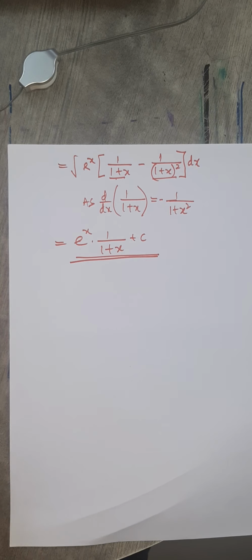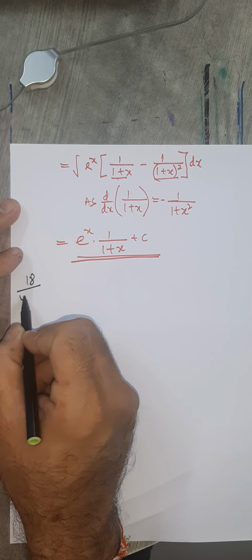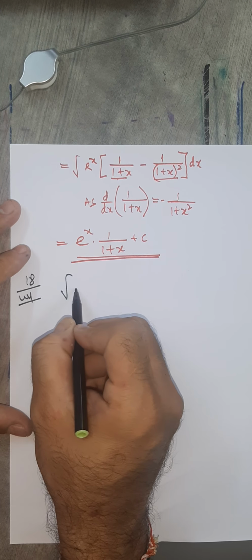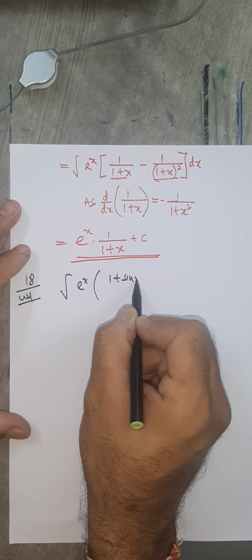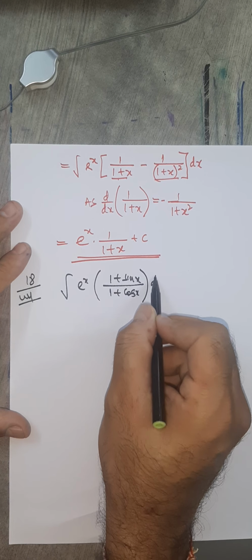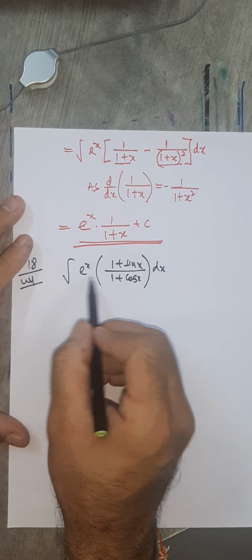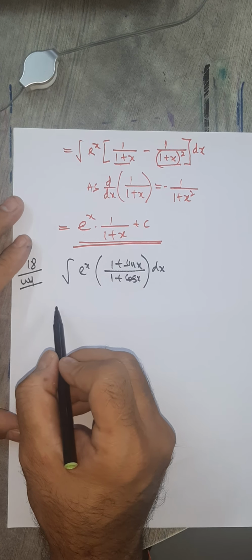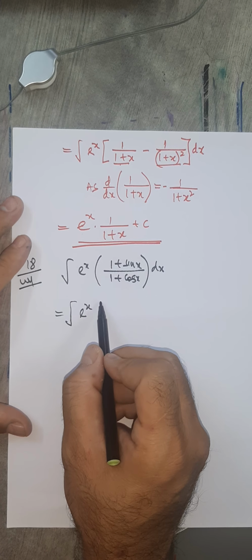Next question, question number 18 is a really good question. So, integral of e raised to x, 1 plus sin x upon 1 plus cosine x. Now in such questions, usually if you have e raised to x and if you cannot do by parts, we always try to set f plus f dash inside the bracket.